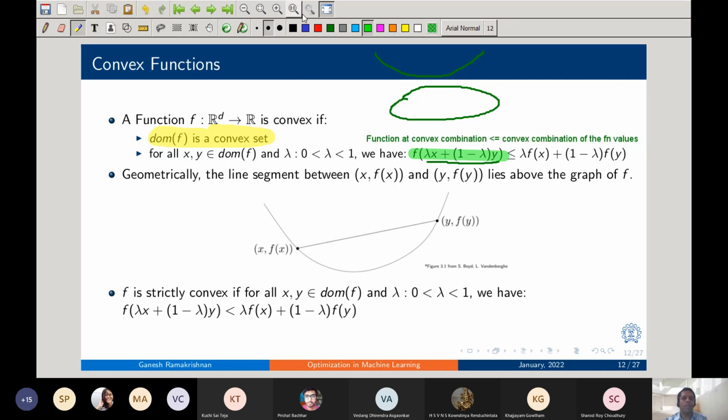I hope this is okay, and you can see it here. The function is shaped downwards to show that the function value at the convex combination is actually less than the convex combination of the function values, that is this part.